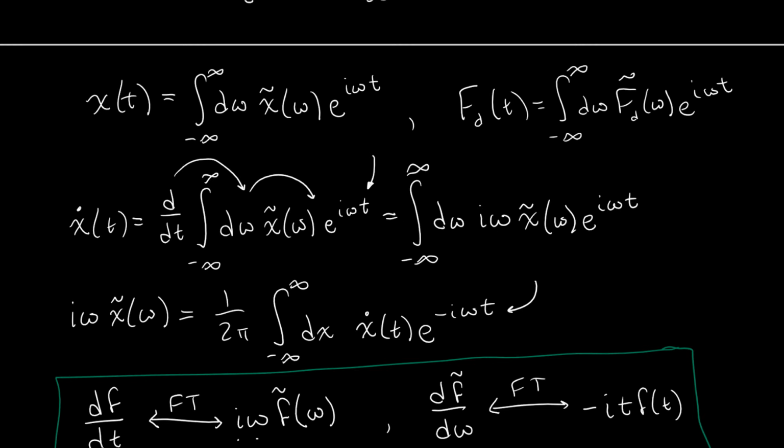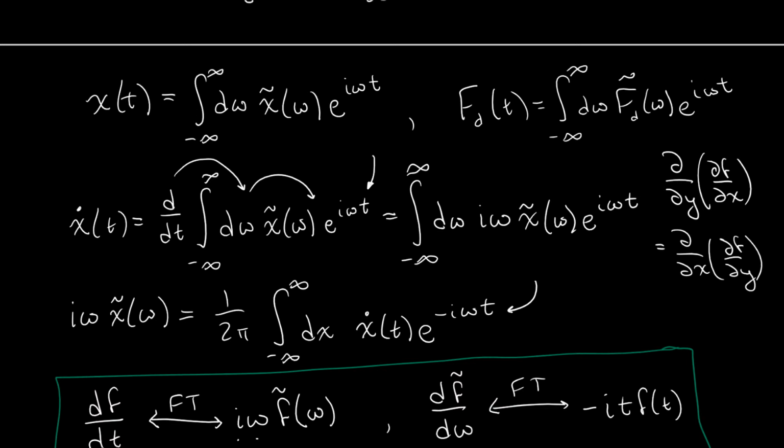So when I do this integral, it likewise doesn't ever see this factor of t. So if I take the derivative first, or if I take the derivative next, it doesn't really change anything. In a similar way, if I do d dy df dx, this is going to be exactly the same as if I take the derivative on y first, and then take the derivative of x.